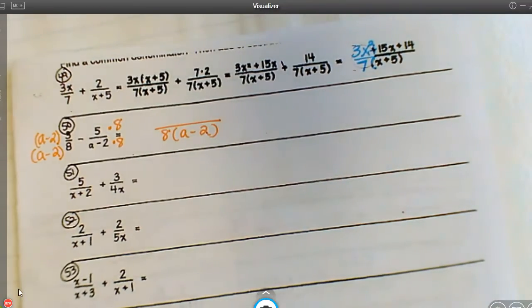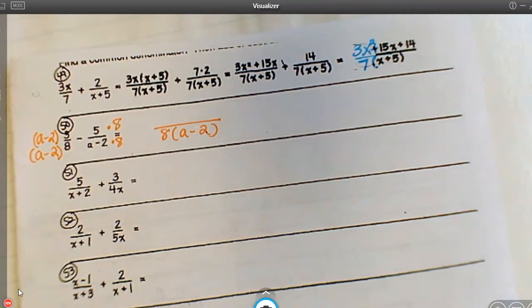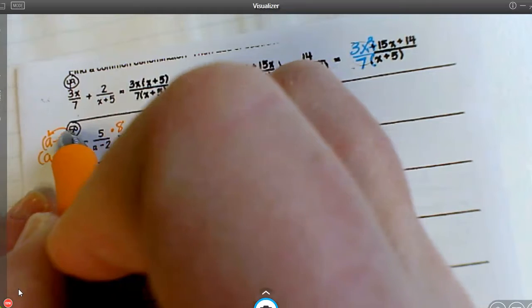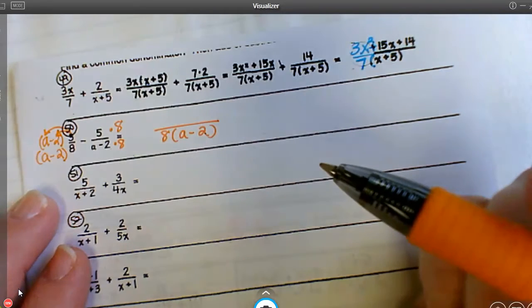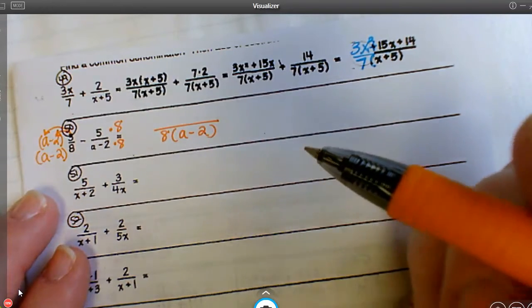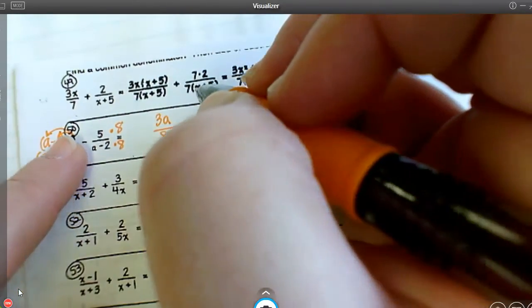And this is where it's just a tad bit tricky. You see how you have a 3 on the top there with the a minus 2? I have to multiply 3 times a and also 3 times 2. Kind of like the distributive property. Okay? So 3 times a is 3a. 3 times 2 is negative 6.